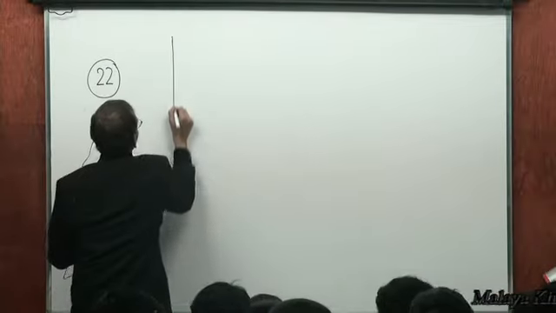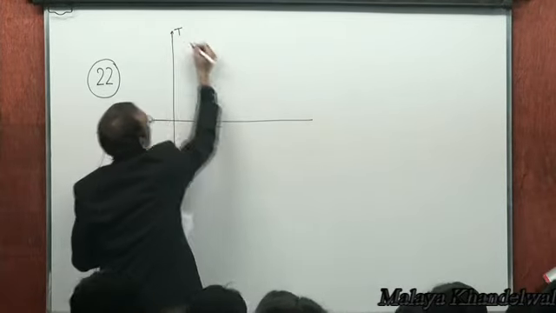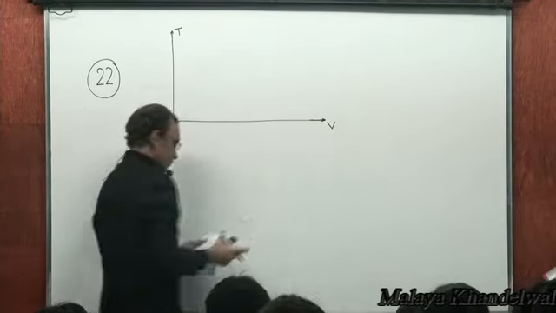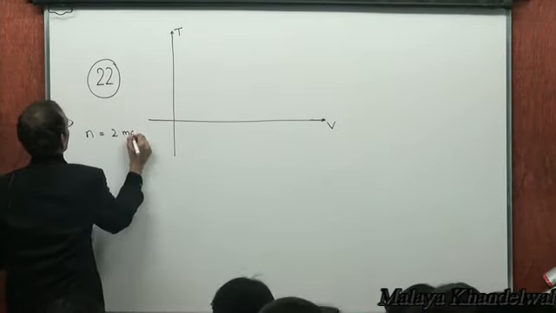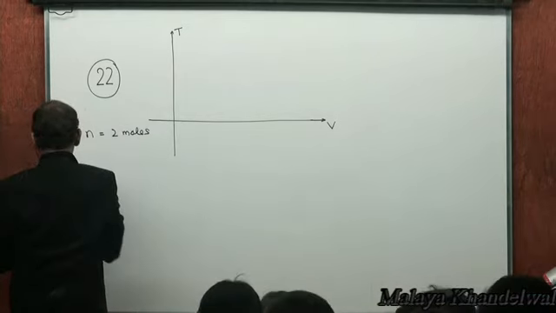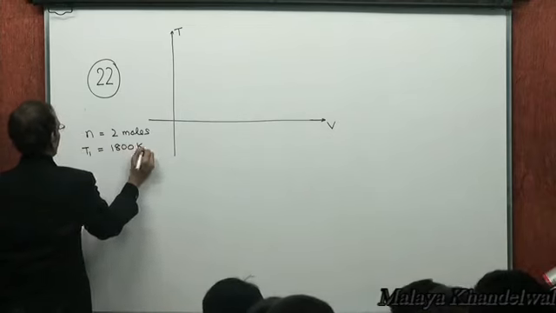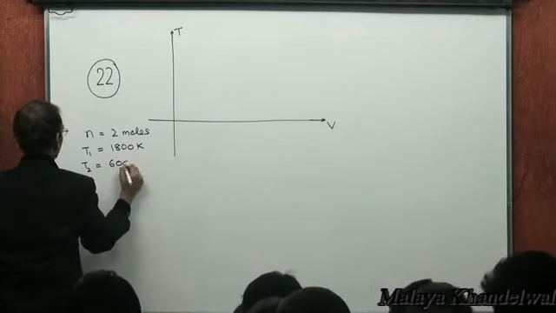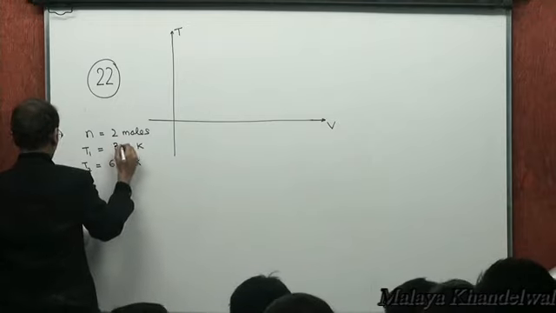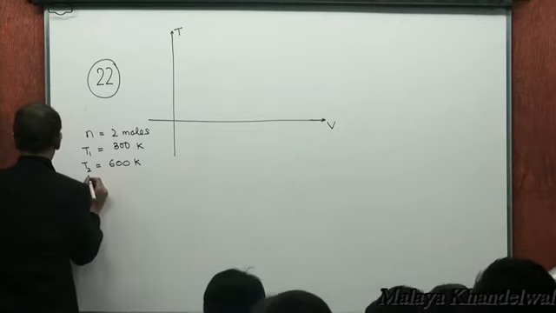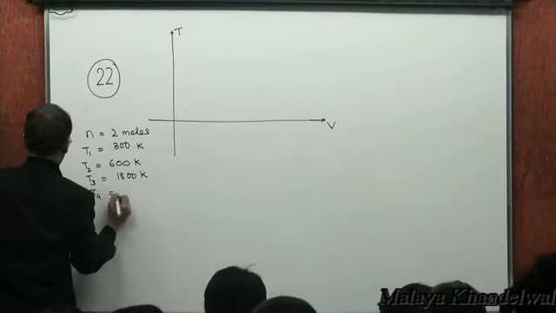There is a TV cycle. Two moles of an ideal monoatomic gas undergo a cyclic process in which T1 is 300 Kelvin, T2 is 600 Kelvin, T3 is 1800 Kelvin, and T4 is 900 Kelvin.